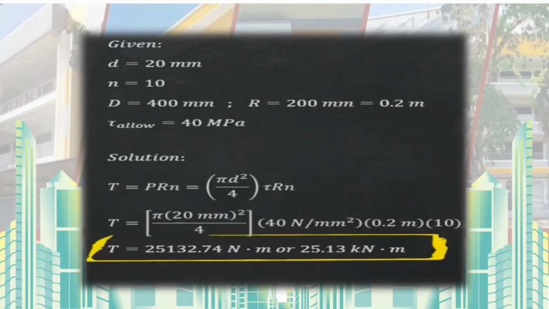Here, d equals 20 mm is the bolt diameter. Tau, the shear stress, equals 40 MPa, or megapascal, or 40 newton per square millimeter, is the allowable shearing stress. R equals 200 millimeter, converted to meter, which is 0.2 meter, is the bolt circle radius.